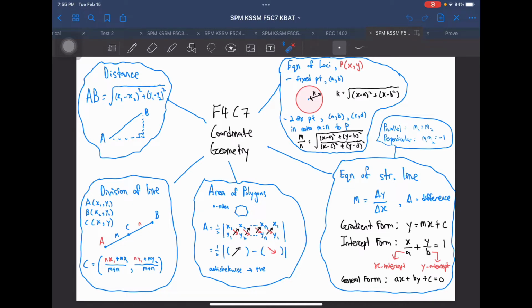So you can say that delta x squared plus delta y squared equals this hypotenuse, which is AB squared. So this square, you move it to the right-hand side, it becomes a square root, and this is delta x, this is delta y. By understanding the formula, you don't need to memorize it, okay?